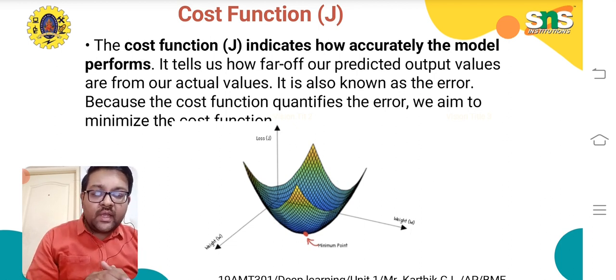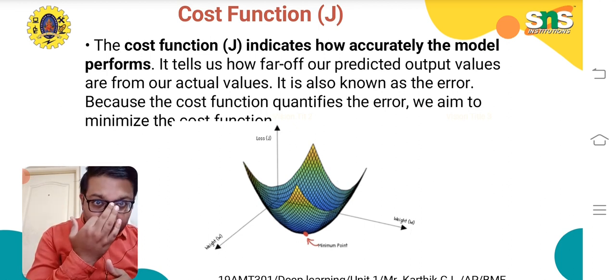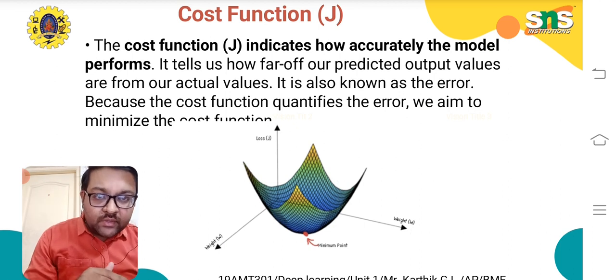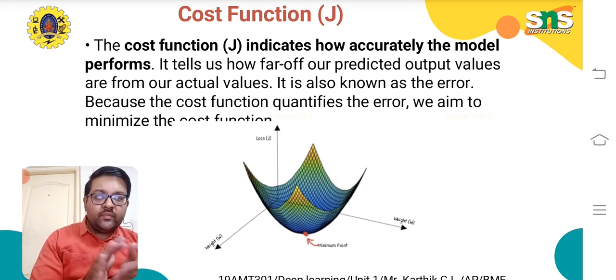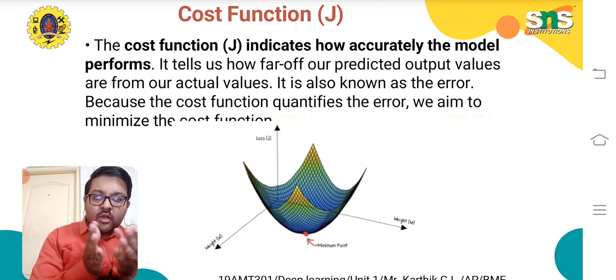You can see this graph is a three-dimensional graph. It has the loss function on the y-axis, and weights on the x and z axes. So we get a bell curve. The bottom of the bell curve represents a low cost function.